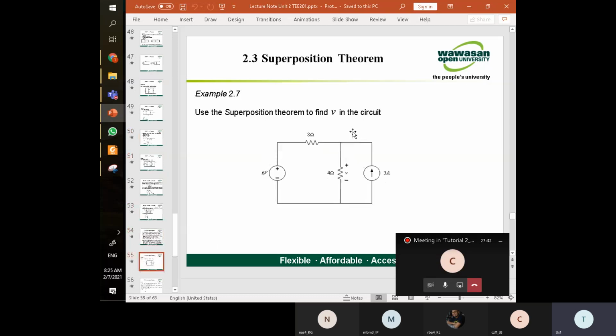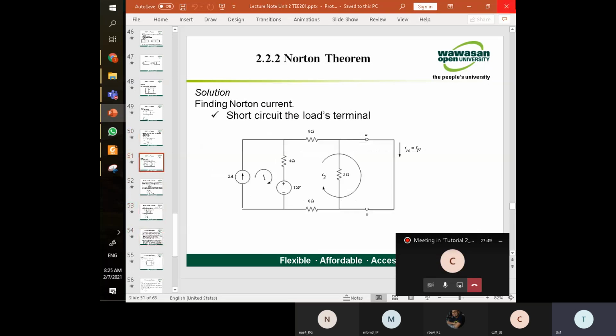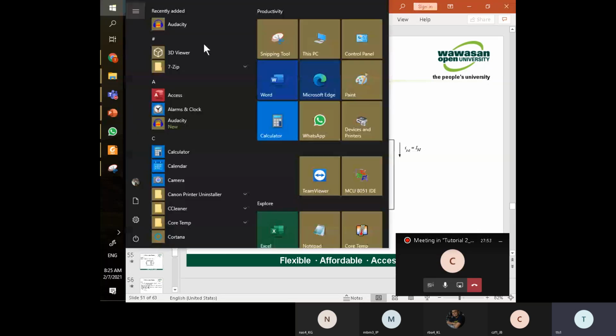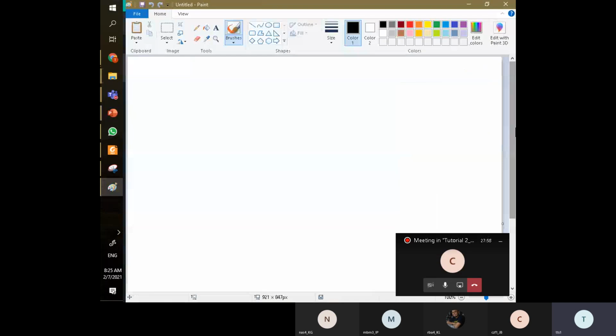So the most important thing you should remember, because from my experience, sometimes I realize that most students have no idea what the purpose of learning all this Norton theorem is. So let me try to explain one more time here.